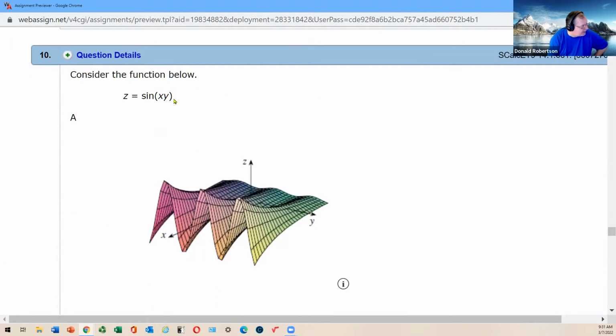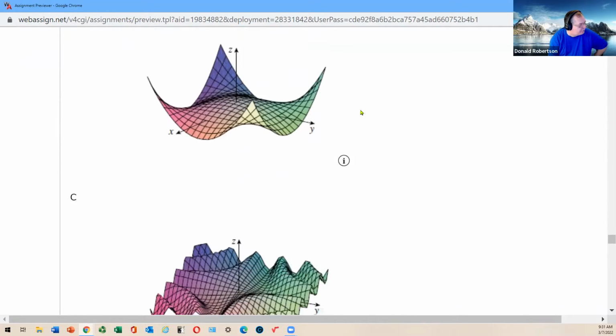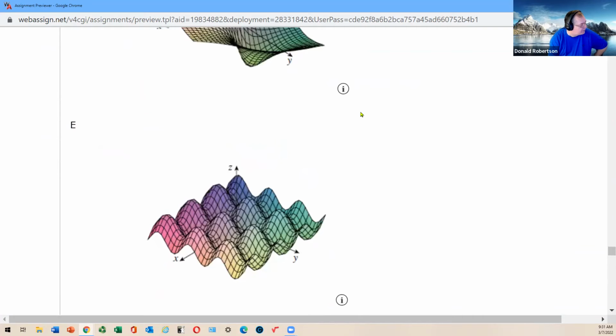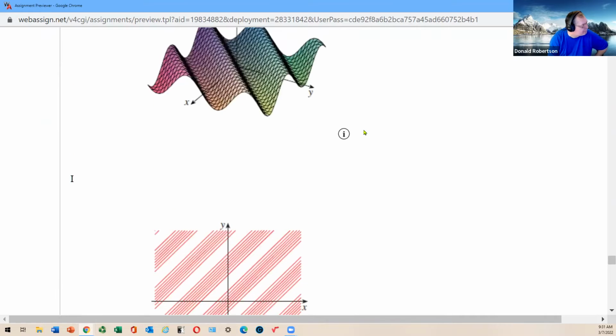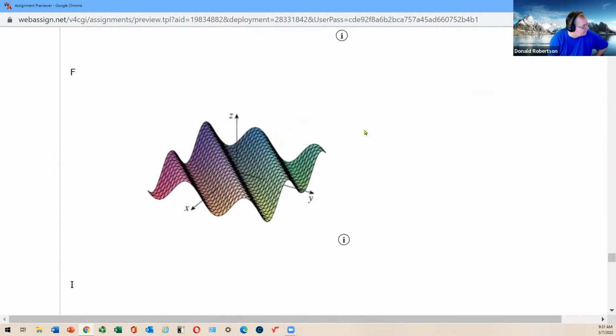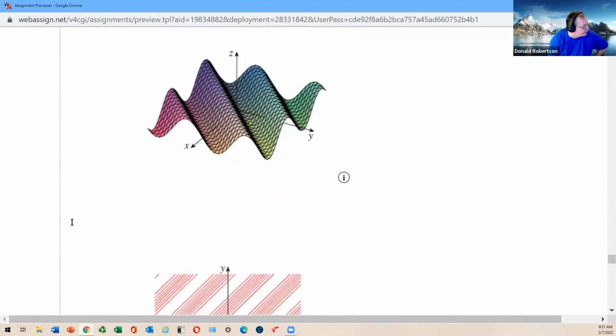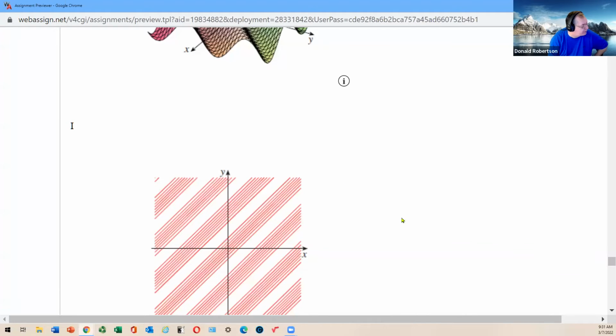Now, this one, can't you put that into the other software and choose whichever one of the options it ends up being? So you're simply just going to put in functions and check out what surface they've got, or put in a function and check what kind of contour map.